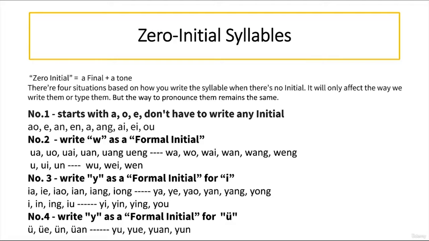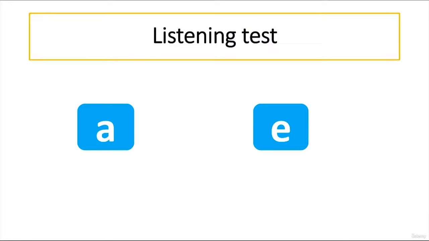For all of them, we'll add Y at the beginning of the syllable and drop the 2 dots. So we will have YU, YUE, YUAN, YUN. Remember, zero initial syllables only affect the way we write them or type them, but the way to pronounce them remains the same. Now it's time for the listening test.